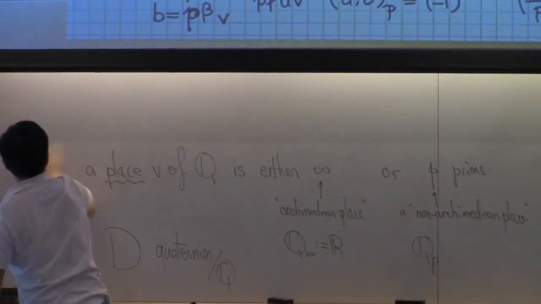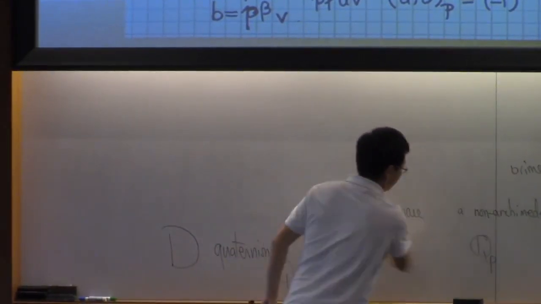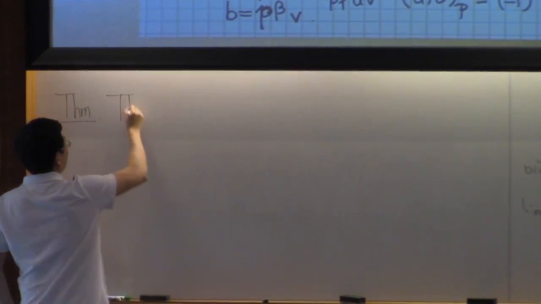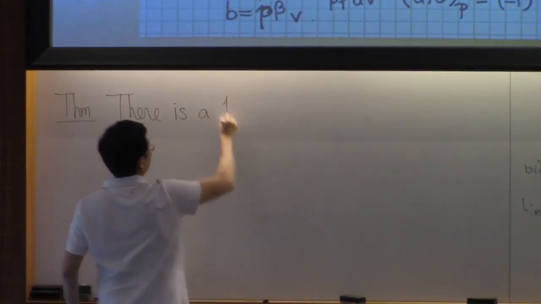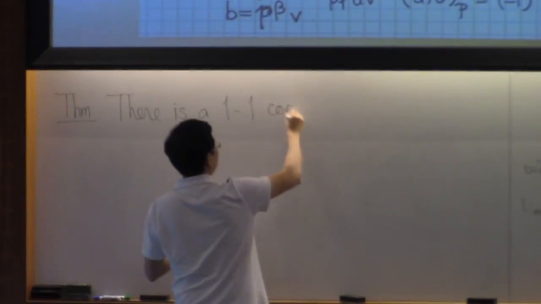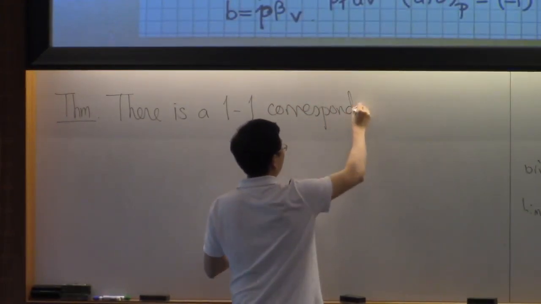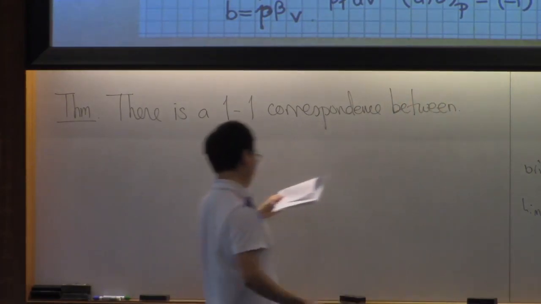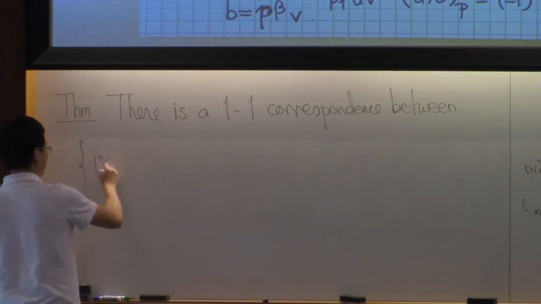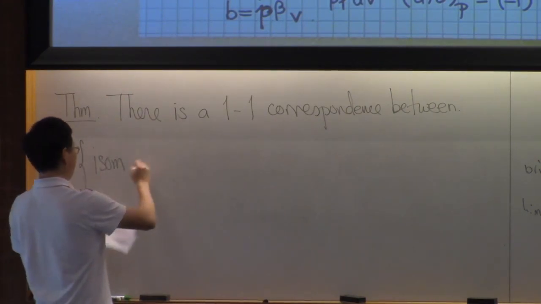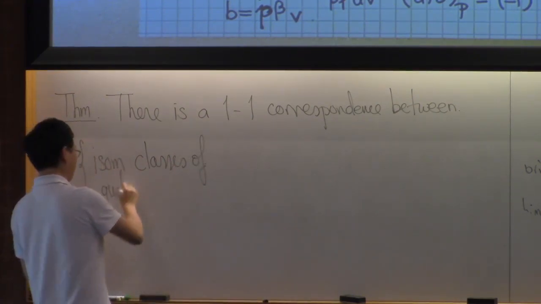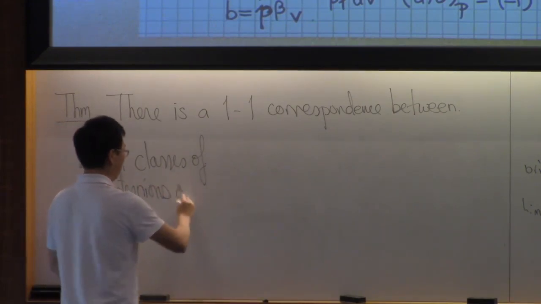Here's a theorem. There's a one-to-one correspondence between isomorphism classes of quaternions over Q and subsets.